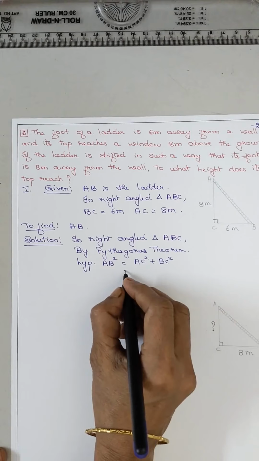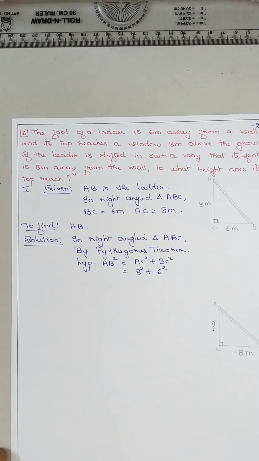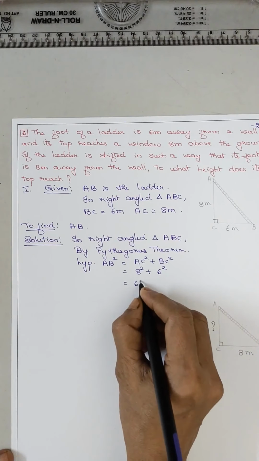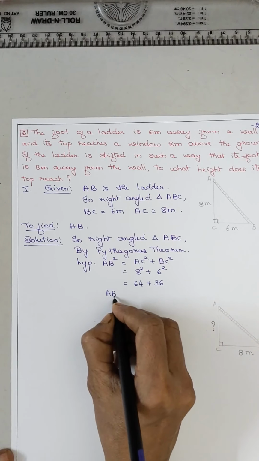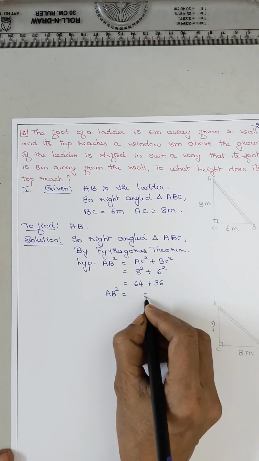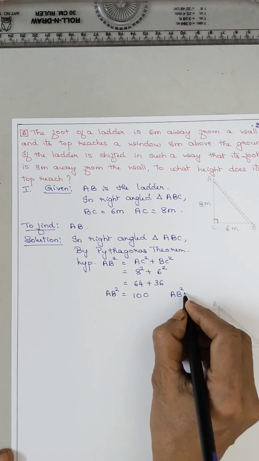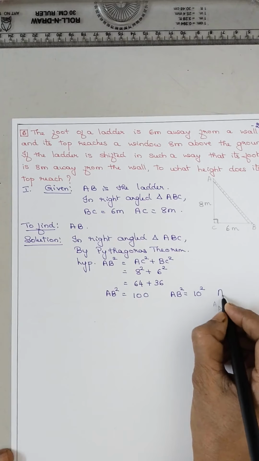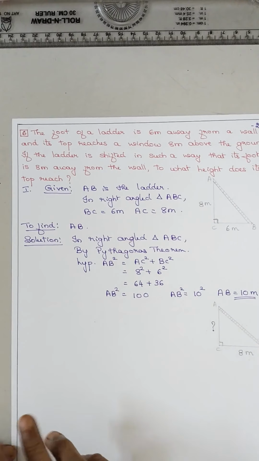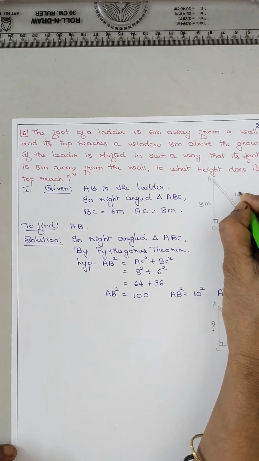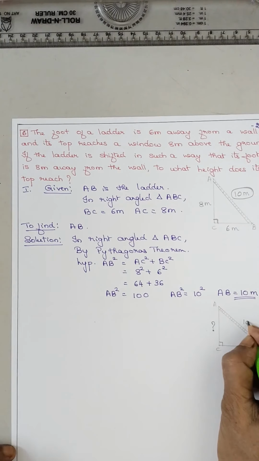AC square is 8 square plus BC is 6 square. So you got 64 plus 36, that is AB squared you got as 100, means AB square is equal to 10 square. So AB is equal to 10 meter. So you got the length of the ladder as 10 meter. Now put that value here.